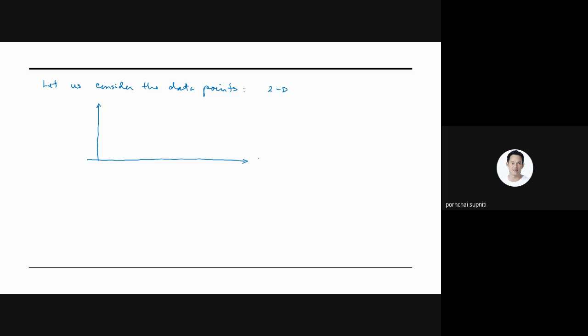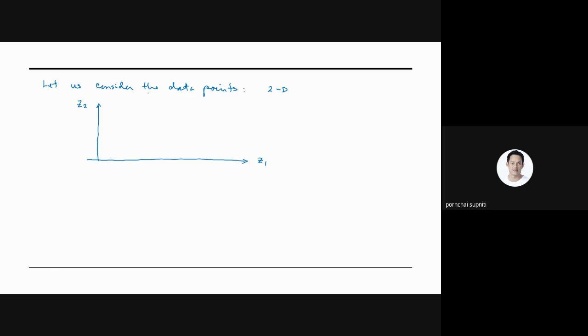So let me write down the first axis as Z1 and the second axis as Z2. The reason I don't use X is because when we use X, they will start to get confusing, okay? Because each data point is gonna be X anyway, okay?